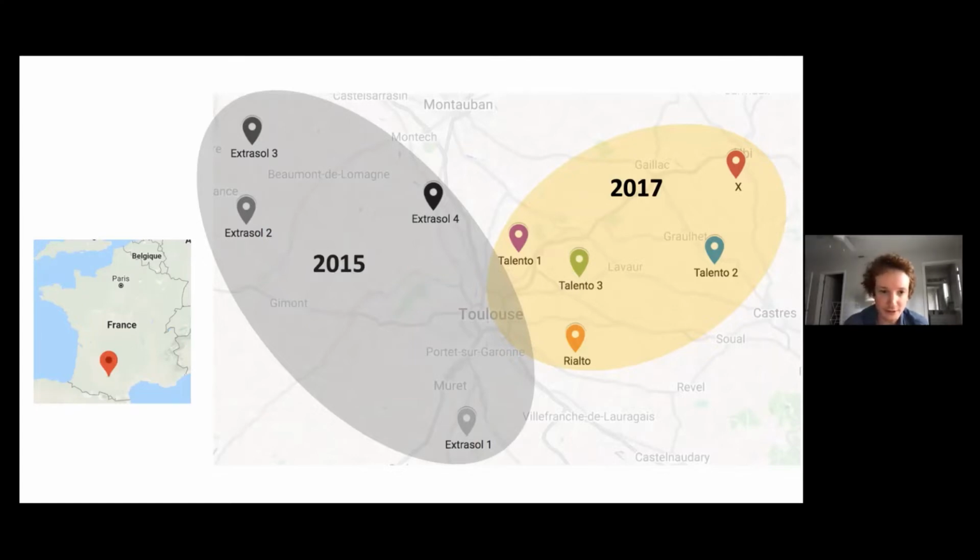In 2015, we worked in 4 fields of the cultivar Extrasol, and in 2017 it took place in 5 fields with the cultivars Talento, Rialto, and a cultivar which was coded X.